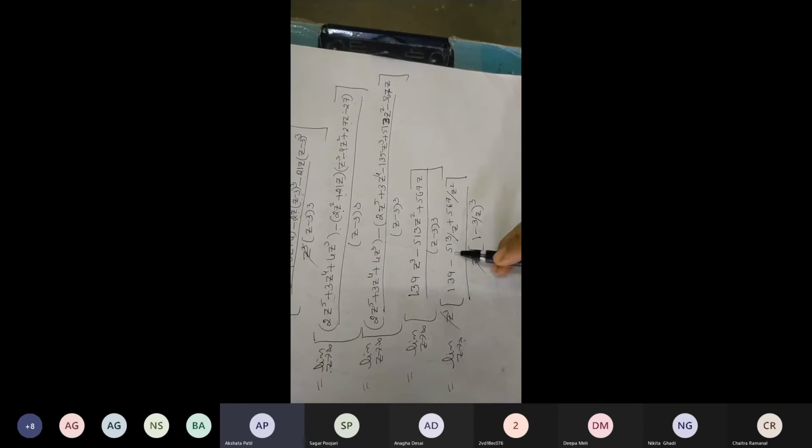Now this z cube gets cancelled. Now applying z tends to infinity, you will get 513 by infinity is 0, 567 by infinity is again 0, and this 3 by infinity is 0. So here the value is 139. So u3 equals 139.